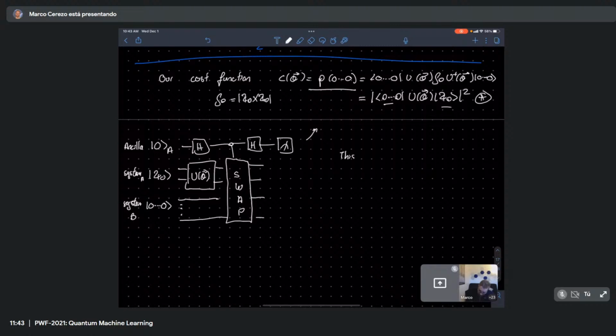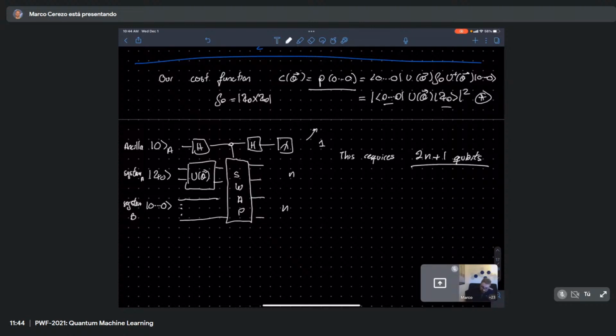This requires n qubits here, 1 qubit here, 2n plus 1 qubits. So there is always a trade-off. There is always something where we're going to increase the number of qubits that will allow us to sort of narrow down that probability and try to just get that probability that we're trying to estimate. But it's going to come at the cost of additional qubits.